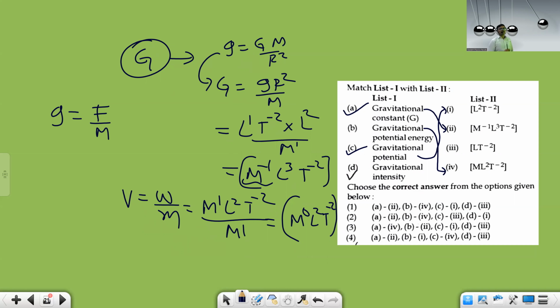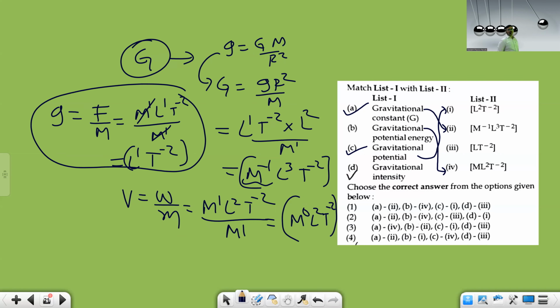Small g is equal to F by M, so M1 L1 T power minus 2 by M1. The masses cancel, and L1 T power minus 2 is the dimensional formula for small g. So gravitational intensity is the third option.